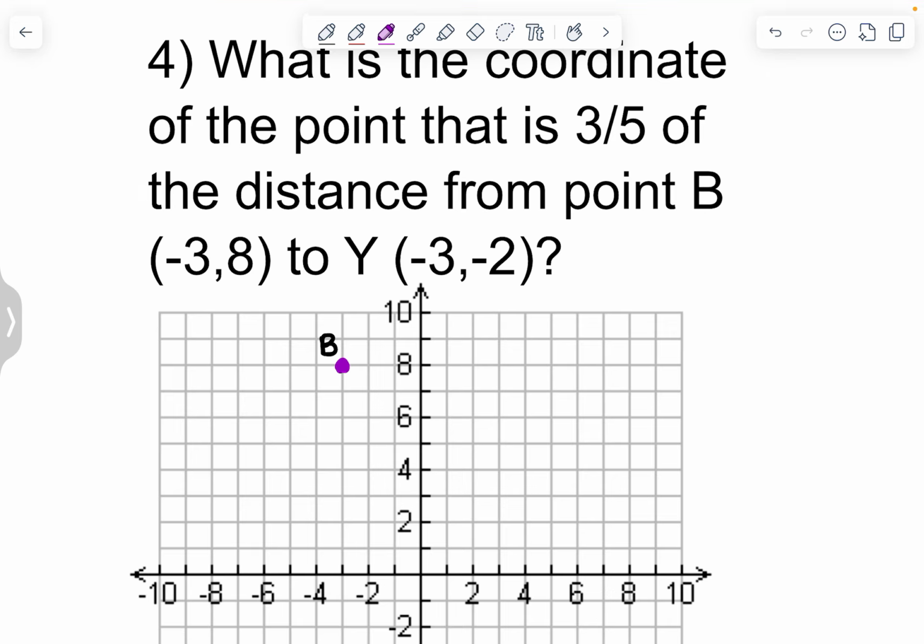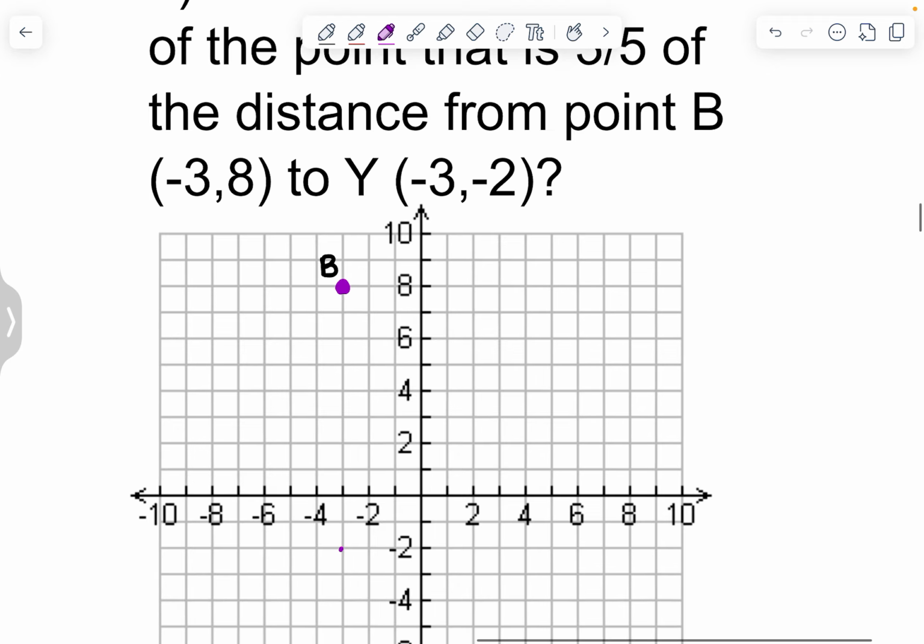And point Y, which is at -3, -2. Interesting. So here's point Y. I'm going to connect these points. We do have a straight line, so it is very similar to a number line. But now, what way is our segment oriented?